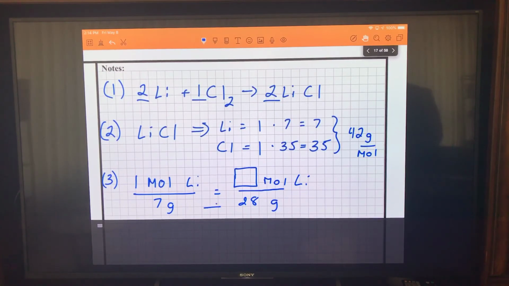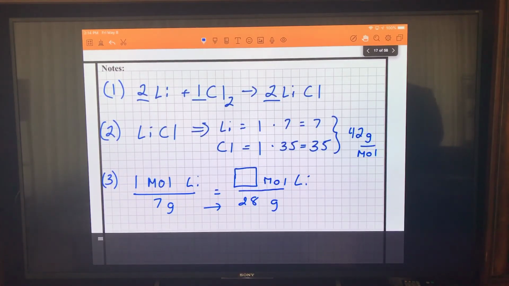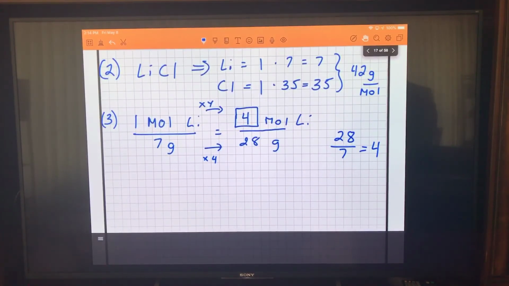As I look, what did I do to get there? I multiplied by 4. I'm going to do that same thing here. Multiply by 4. I have 4 moles. The other way you could have done it is just divide: 28 divided by 7 is 4. So 2 different ways to get to the answer on that. Number 4.